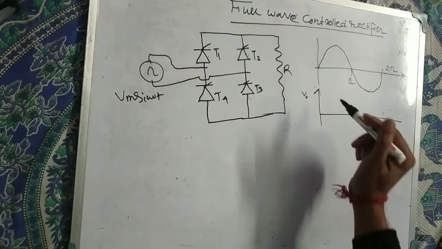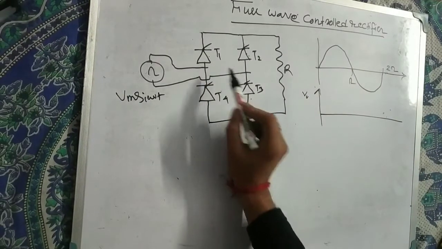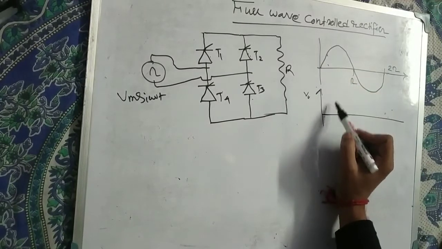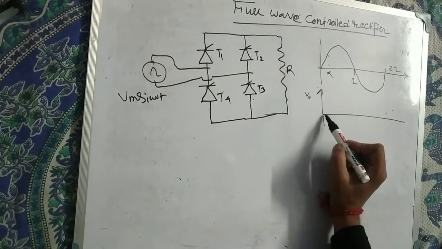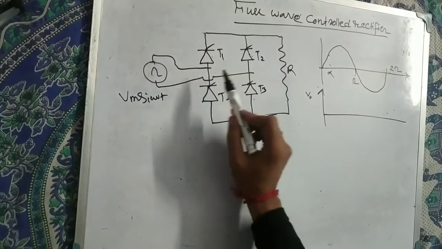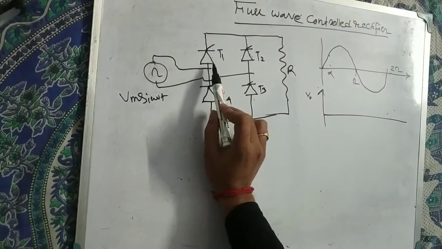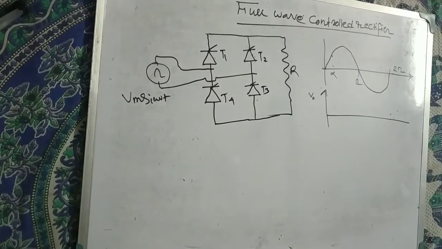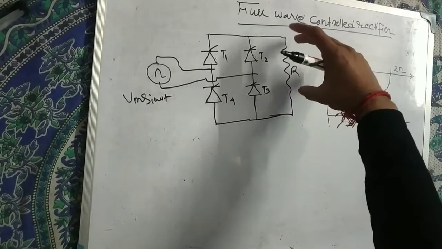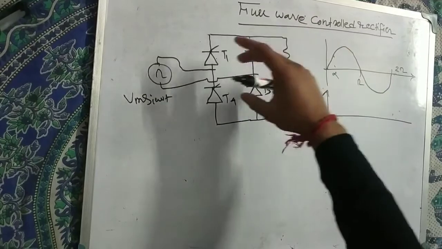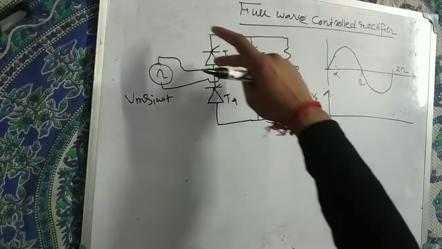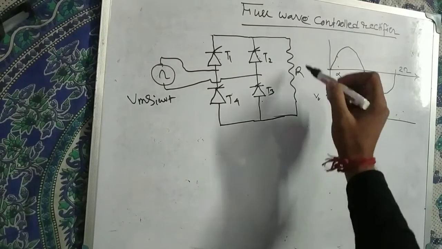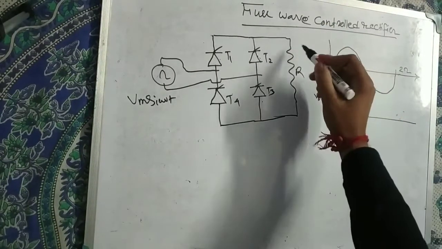From 0 to alpha there is no voltage across the load, because if the gate pulse is not given at alpha, the thyristor will not turn on. Then there is no voltage drop across the resistance and the full voltage is across the thyristor. Whenever current flows through the resistance, only then do we get output voltage V0.